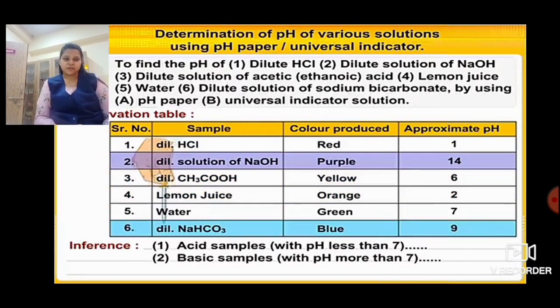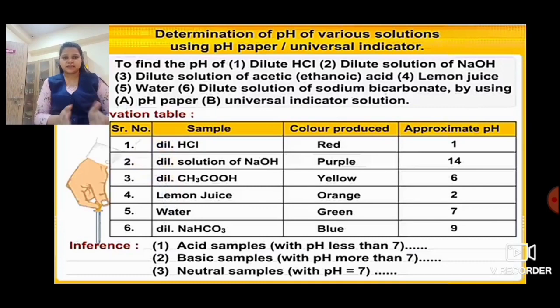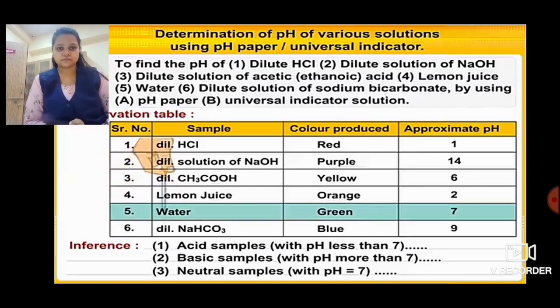Basic samples are those with pH more than 7, and there is also a neutral one, that is exact pH 7. So this is how we have determined the values.